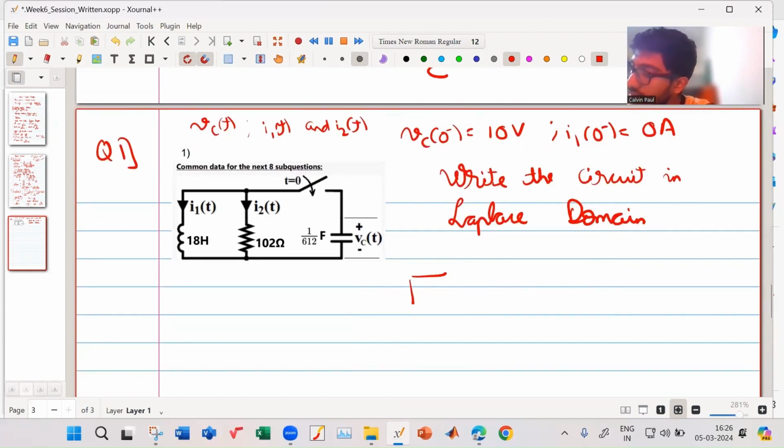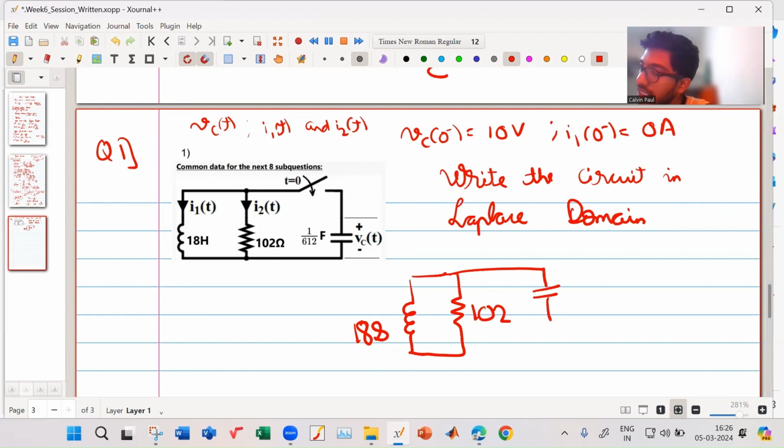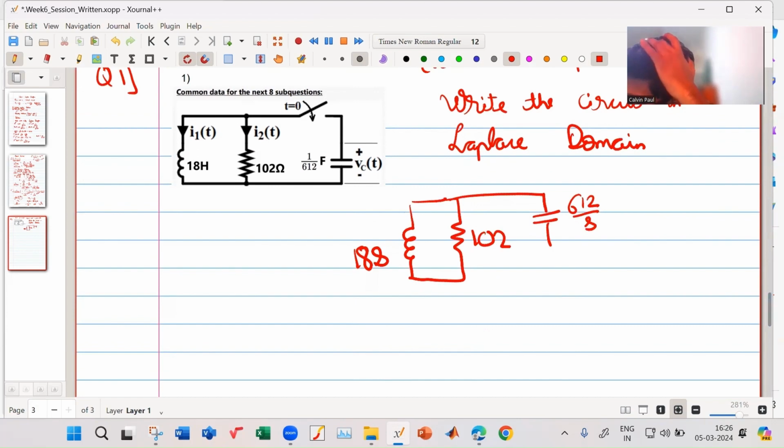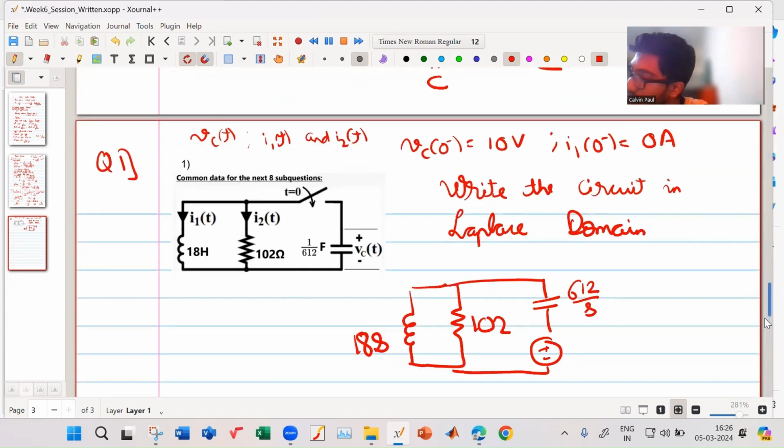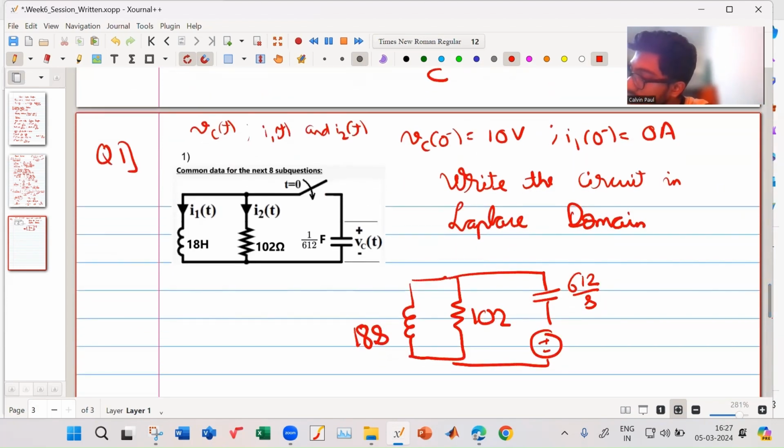I will get 18 into S, then 102, then 1 upon 612 by S. And the voltage across the capacitor is VC of S, that is 10 upon S, from VC of 0 minus divided by S.